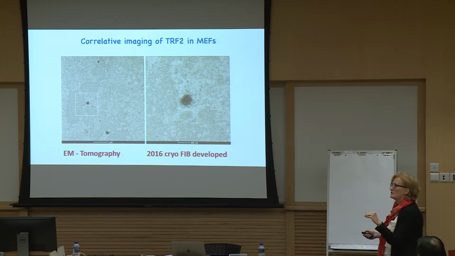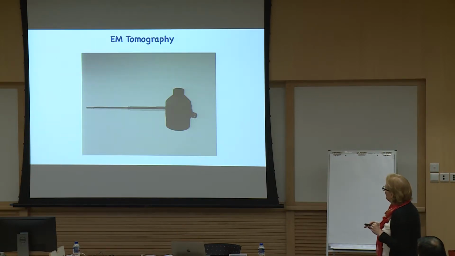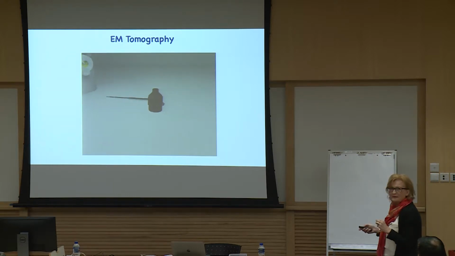And then you image that lamella, and the reason you can image it is because we can now use the phase plate. That gives you much higher contrast. So there will be no need for any staining, and you will see molecules inside cells, so complexes inside cells, without any fixation or staining. Okay? Here, tomography. I'm running out of time.